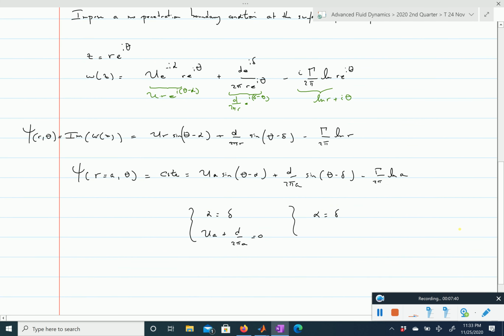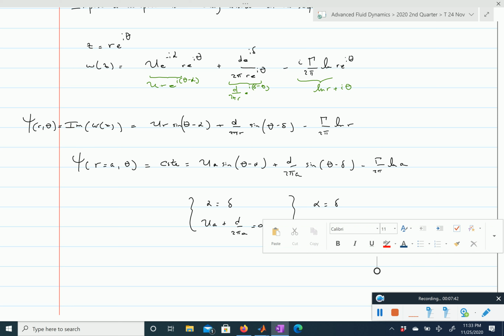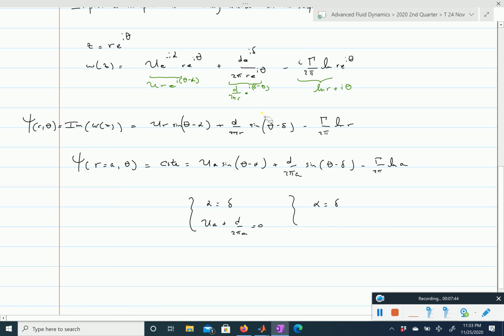Oops, sorry, I realized I made a little mistake here. I wrote this too quickly. If you're taking the imaginary part of this, you have not the sine of theta minus delta, but the sine of delta minus theta. Sorry, I wrote this incorrectly. If I write this in terms of theta minus delta, that's okay, but it's minus this, so I have a minus sign here.